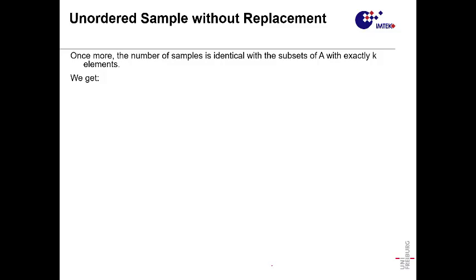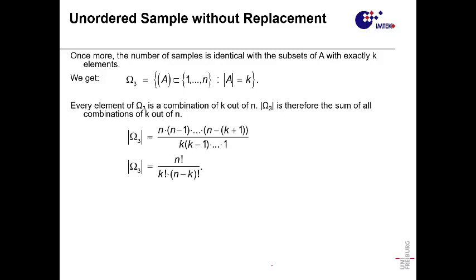Okay? And there is one more here that I put here: unordered. So order is not important, and replacement is not possible. Then it gets a little bit more complicated, because you cannot replace it, so you have to subtract 1 from each of the elements. And the order is not important, so you have to count all the combinations you can actually pick from them. Then you get to this formula that you may have seen, which is called the binomial coefficient.